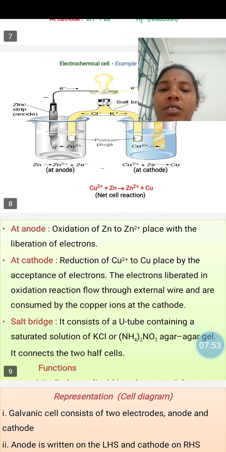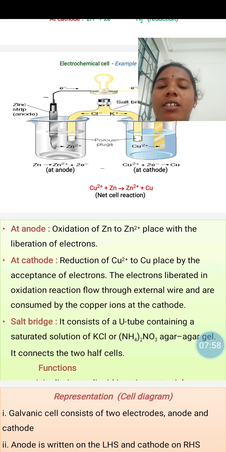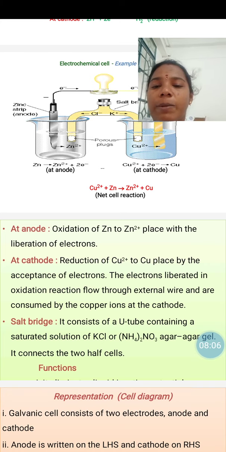At the anode, oxidation occurs: Zn forms Zn2+ plus 2 electrons, that is, liberation of electrons takes place. At the cathode, Cu2+ is reduced to Cu by accepting electrons. The electrons liberated in the oxidation reaction flow through the external wire and are consumed by the copper ions at the cathode.